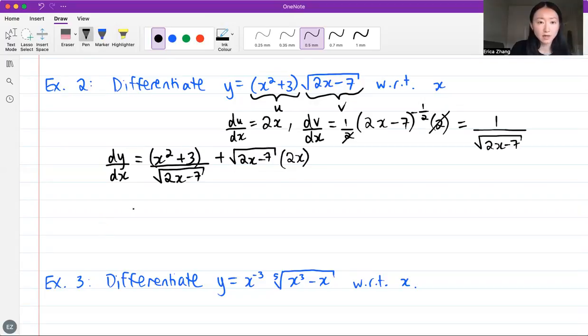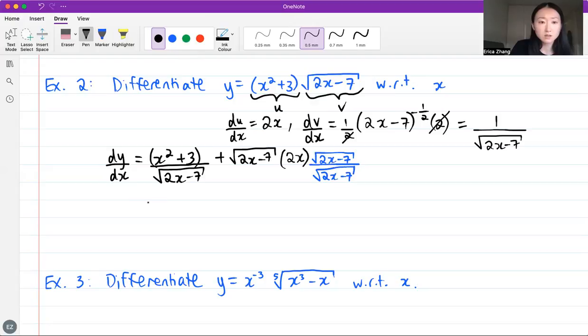And let's try to tidy this up a little bit by writing these terms under a common denominator. So let's multiply this term on the right by square root of 2x minus 7 over square root of 2x minus 7.